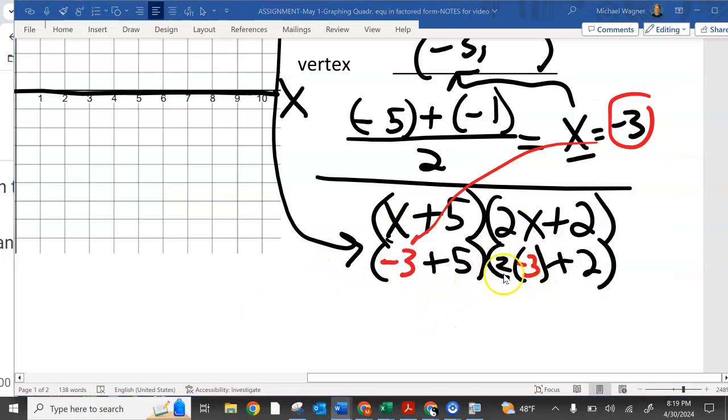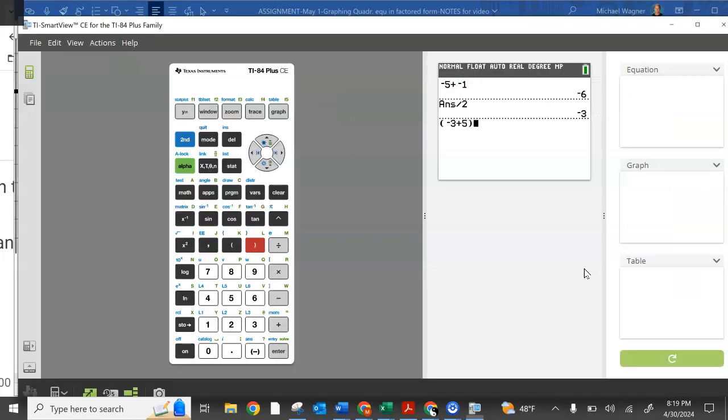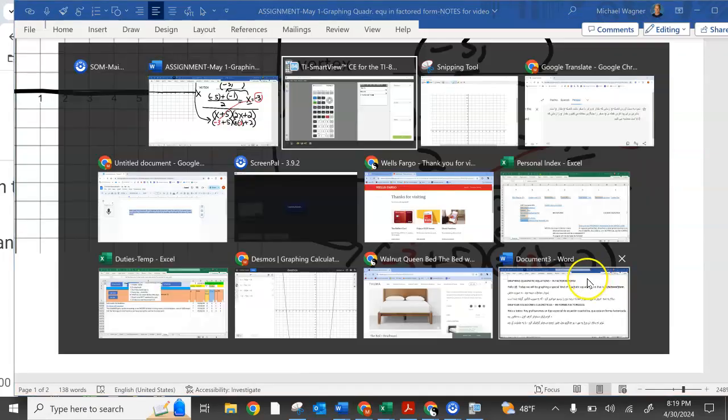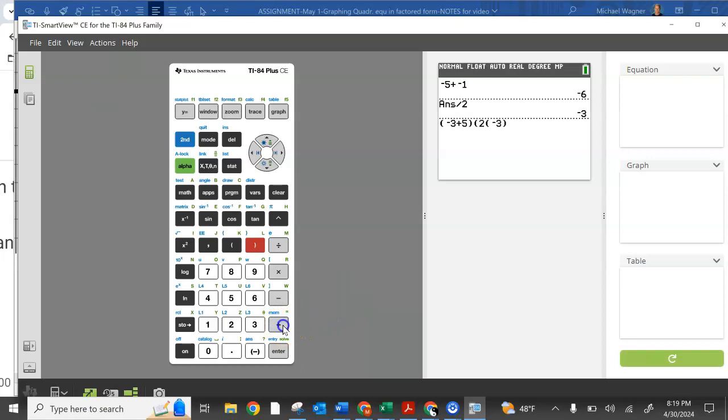And then parenthesis, 2 times -3 plus 2. Okay, parenthesis, 2, and then parenthesis, -3, parenthesis. And then what was the other one? That was plus 2. So plus 2, and then parenthesis, and we get -8.